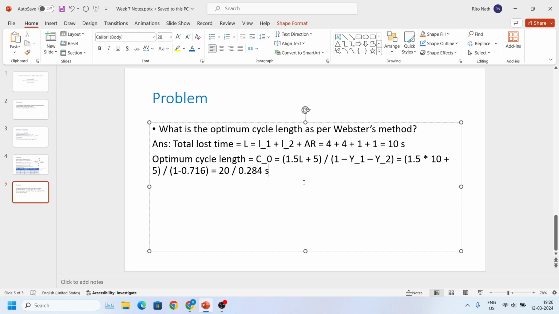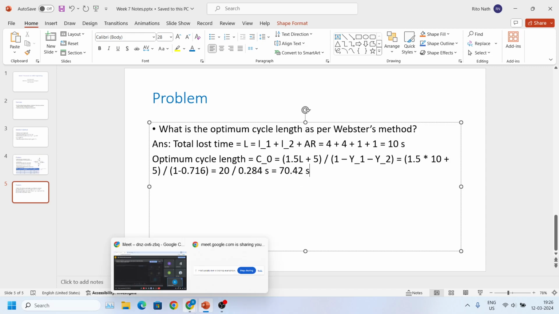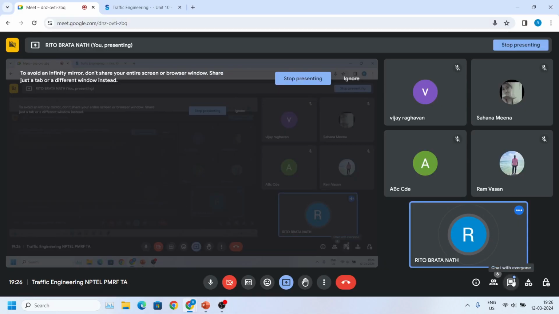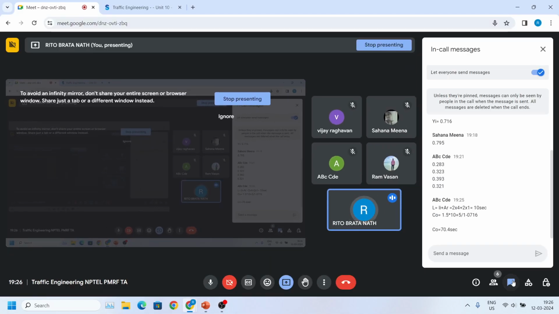That would be your answer in seconds. Let me calculate it. It comes out to be 70.42. Did anyone get it right? Let's see. Yeah, 70.4 seconds. Correct.